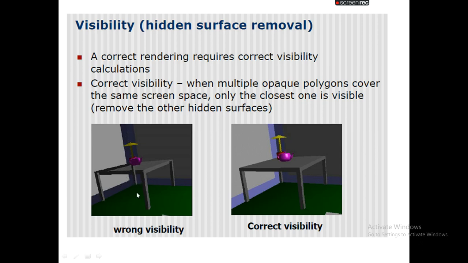If you draw this leg, there is no clarity. So part of this leg is eliminated, and displaying the object like this is the correct way of projecting a three-dimensional object on the monitor screen.